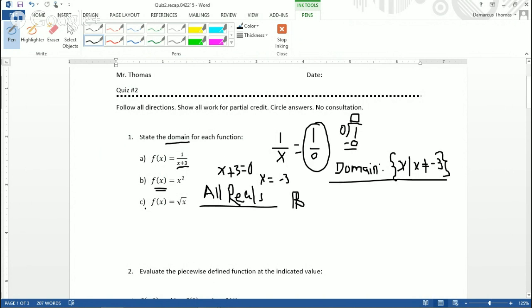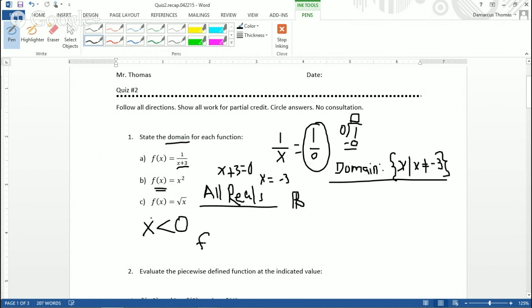And we have C, f of x equals the square root of x. Remember, square roots are not defined for negative numbers. You can take the square root of 0 and get 0, or anything greater than 0, but you cannot take the square root of a negative number or anything less than 0. If x is less than 0, my expression is undefined.